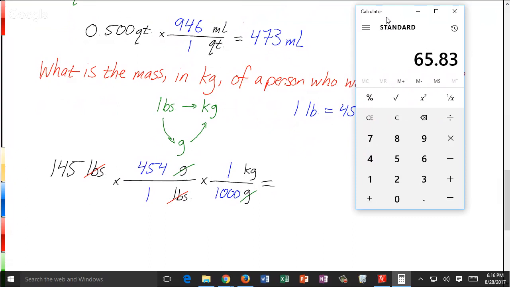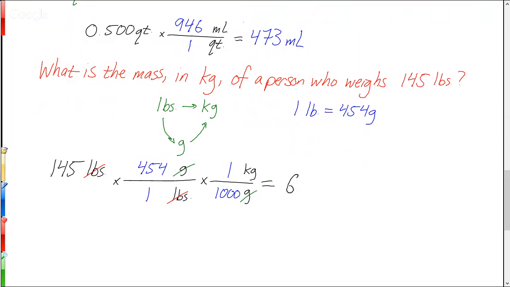If you called it 66, I wouldn't mark you wrong either. So it's kind of up to you. If that bothers you and you want to know the right way to do it, we can talk about it. Come to office hours or something, or read the book, and we can talk about how you're really supposed to do it. But I'm just going to call that 65.8 kilograms.